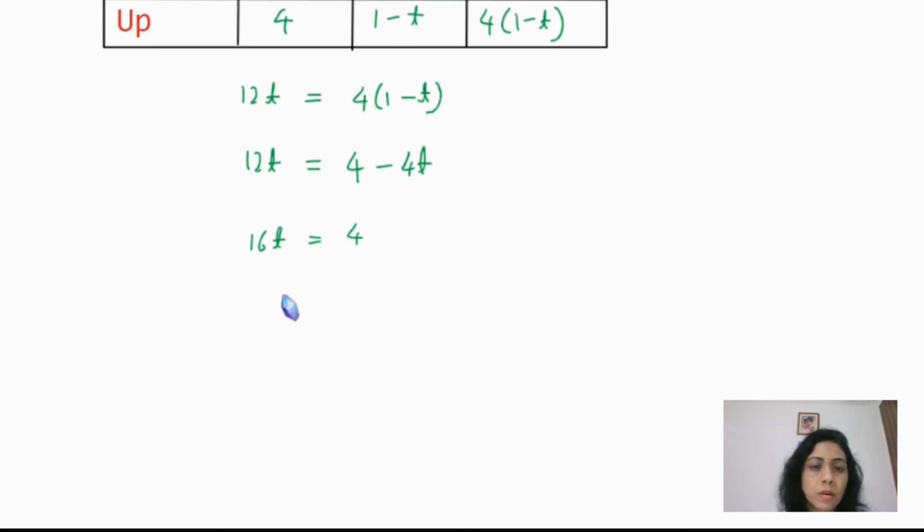Okay. Now we can find the t value. We can divide both sides by 16. So 4 divided by 16, we can simplify this. We can divide by 4. 4 divided by 4 we get 1, 16 divided by 4 we get 4. And this is in hours.